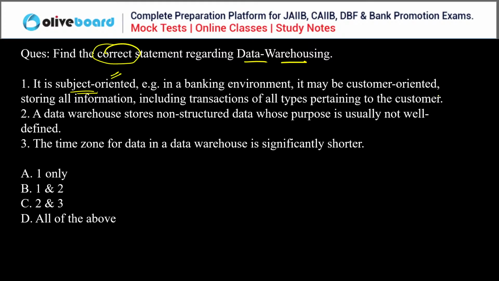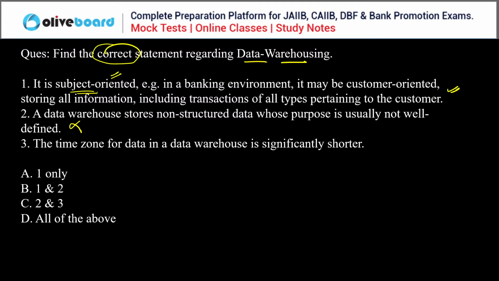So yes, this is the correct one. Now, a data warehouse stores non-structured data whose purpose is usually not defined. That is wrong. The first and second are just opposite to each other, so either A or two is the correct one. So yes, first is the correct one, second is the wrong one.